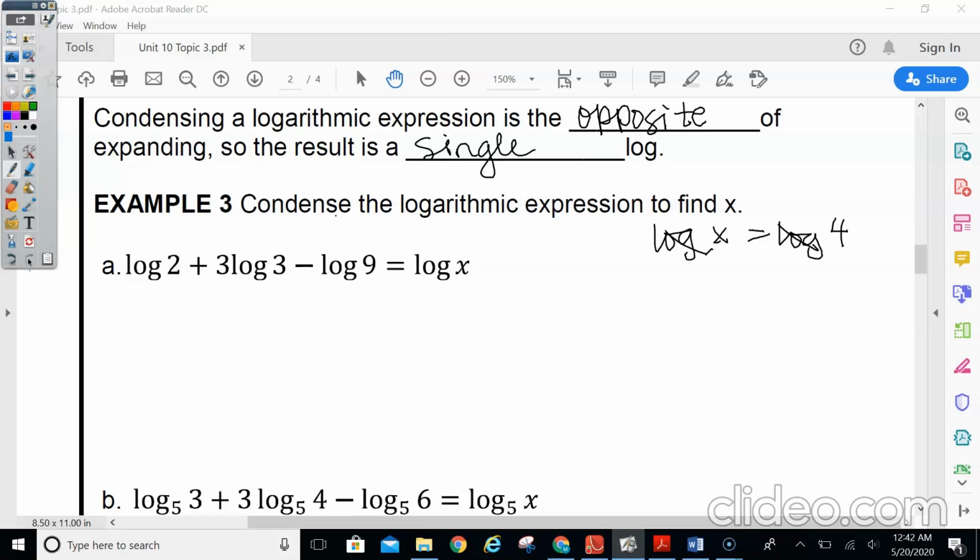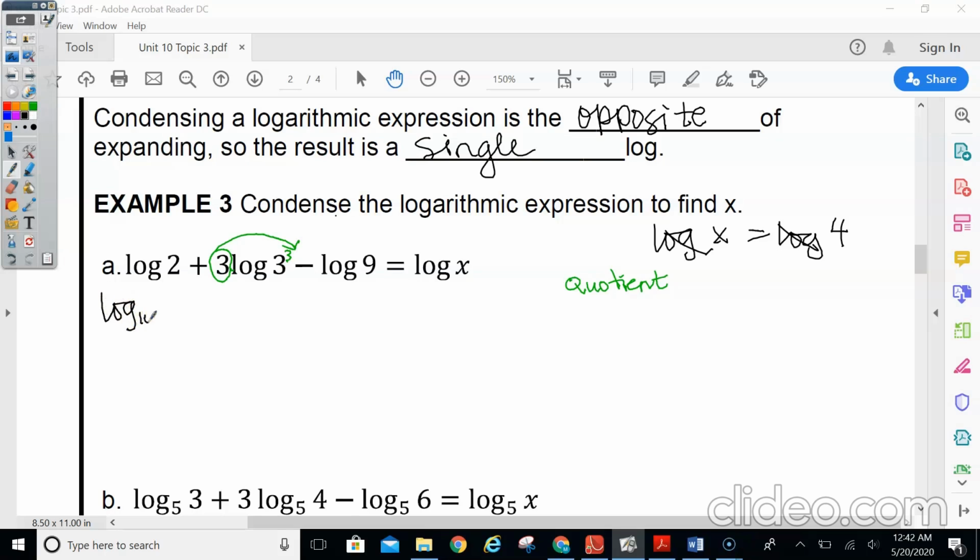So the first thing we're going to do is look to see if there's any exponents. Exponents mean there's a number in front of the log. So this coefficient right here is going to move and become an exponent to this number. So it's going to move and become a 3 there. So the log 2, I'm going to go ahead and write the base this time.